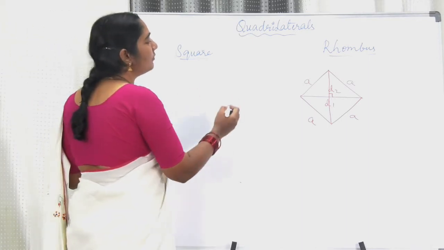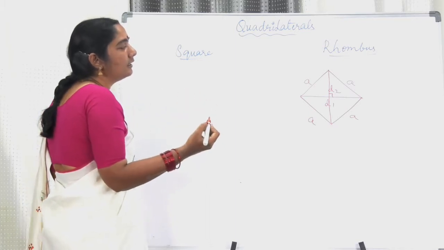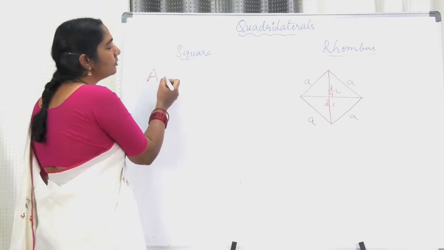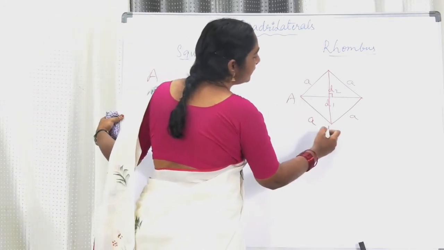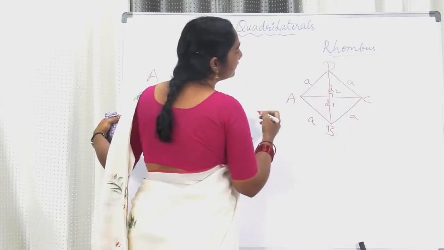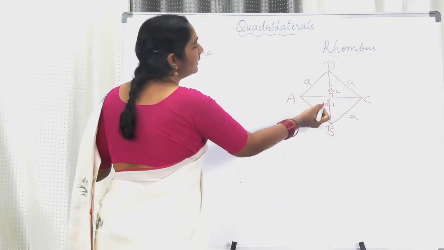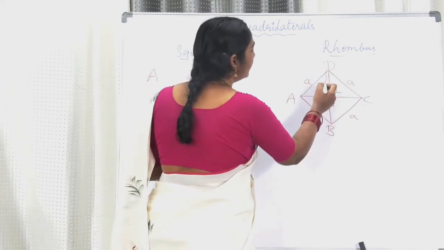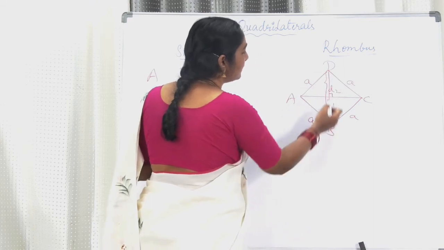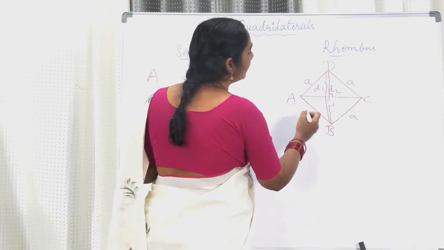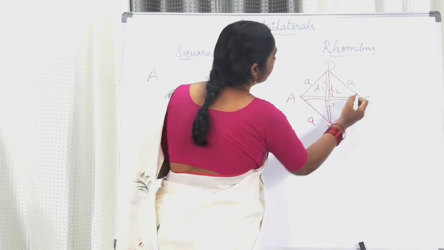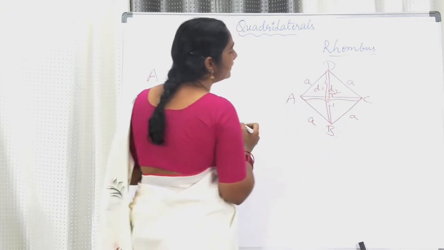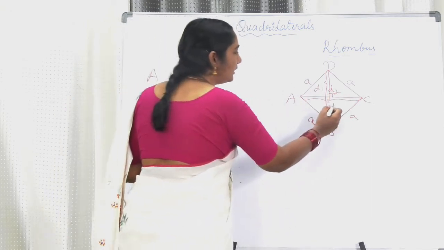So my dear friends, now let us find out the area of a rhombus, similar to the previous case. Let us name the vertices A, B, C, D. This side BD is D1, and this side AC is D2.